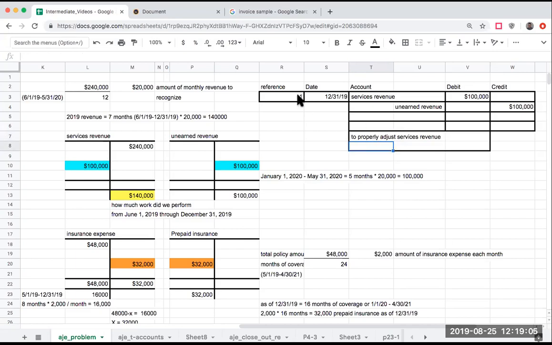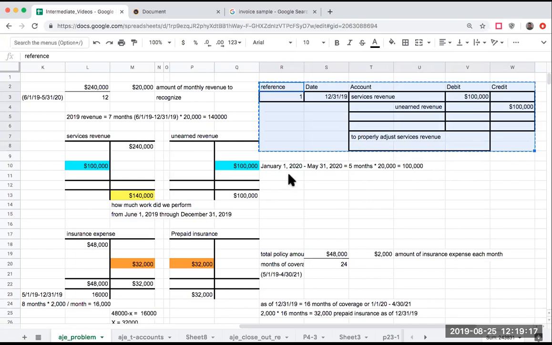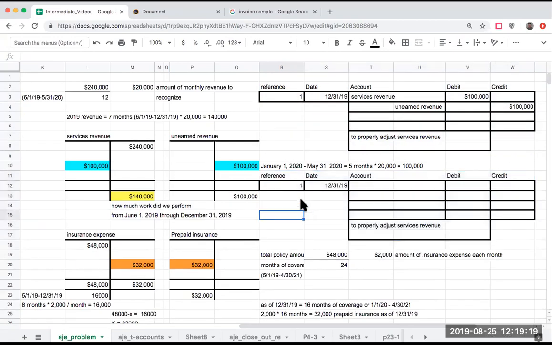Okay, so what I can literally do is go through here and make all of these various different journal entries. I generally don't. I'd rather do things in T accounts. However, I do understand that some employers want you to go through and do this. So here, for the second transaction, I'm going to be debiting insurance expense. Excuse me, I'm going to be debiting prepaid insurance for $32,000.